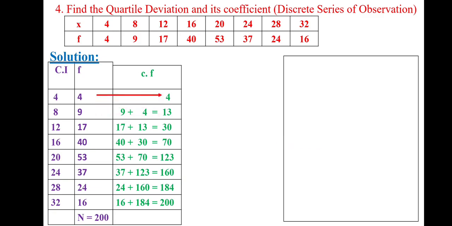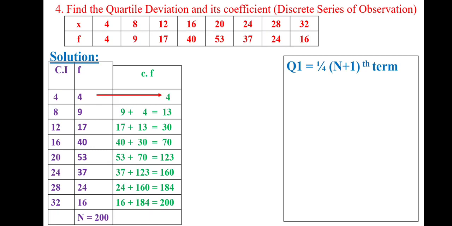So 4, 9 plus 4 is 13, 17 plus 13 is 30, 40 plus 30 is 70, 53 plus 70 is 123, 37 plus 123 is 160, 24 plus 160 is 184, 116 plus 184 is 200. In this way we find the cumulative frequency. Total equals 200, so the cumulative frequency total is also 200.